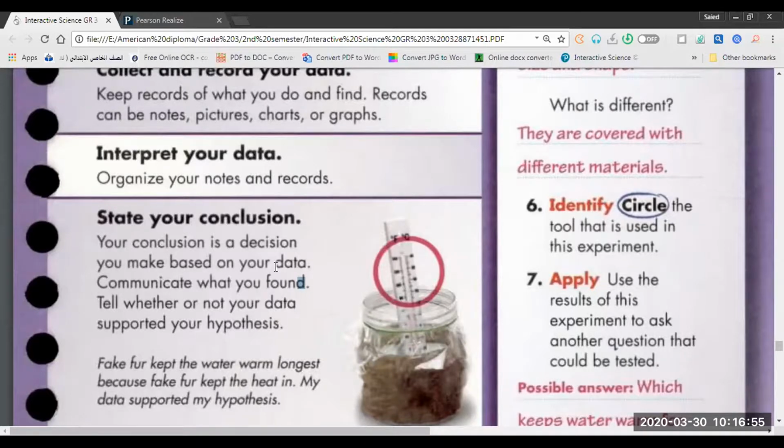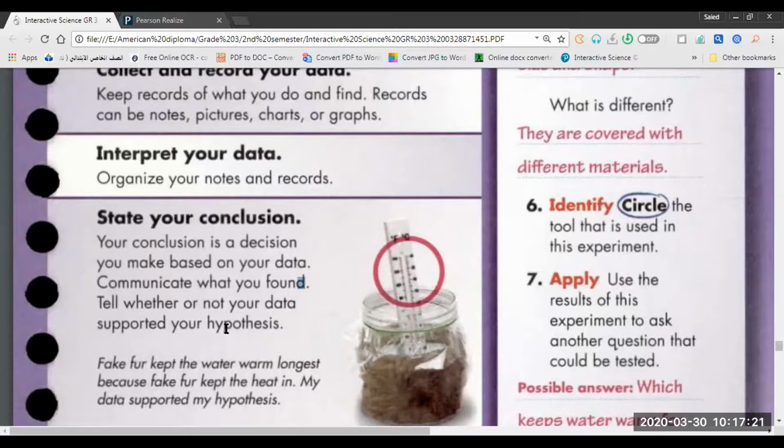Your conclusion is a decision you make based on your data. Communicate what you found, tell whether or not your data supported your hypothesis. When you draw this conclusion, you will find out if your hypothesis, which you made in the beginning, was true or was wrong.